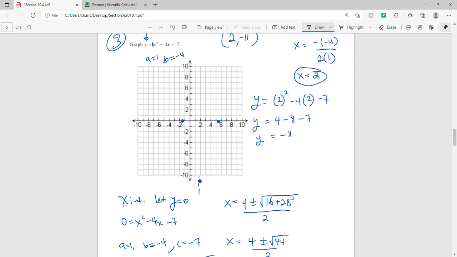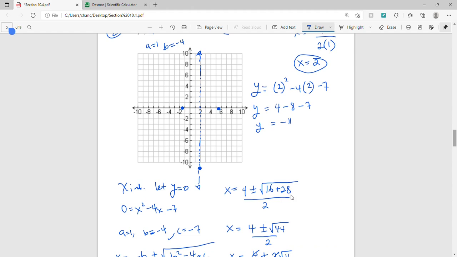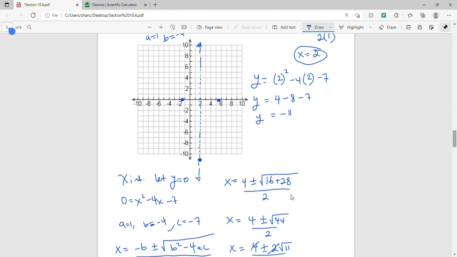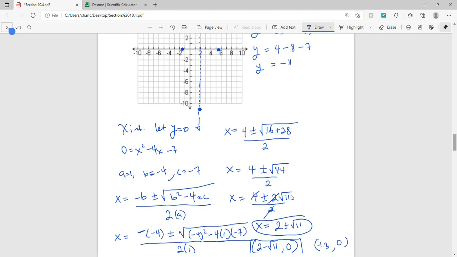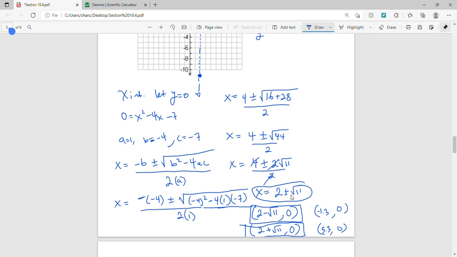And I'm just going to double check to make sure they're about symmetric. If I draw a vertical line or the axis of symmetry, they do seem to be about equidistant from the axis of symmetry. So we are looking good. It looks like the points are correct. So we have the exact version of the x-intercept, and we also have the approximate versions of the x-intercept.